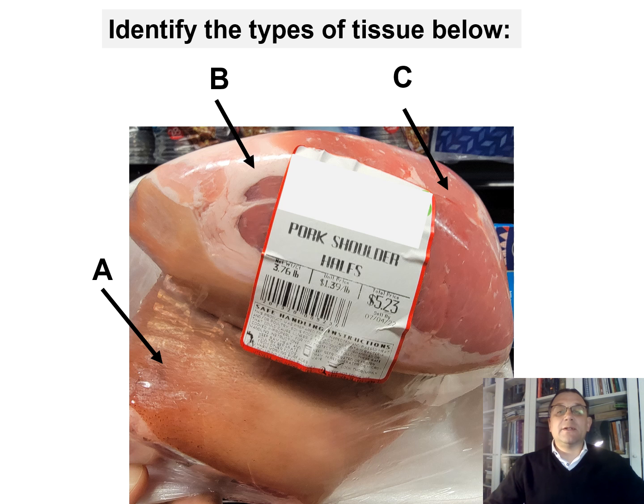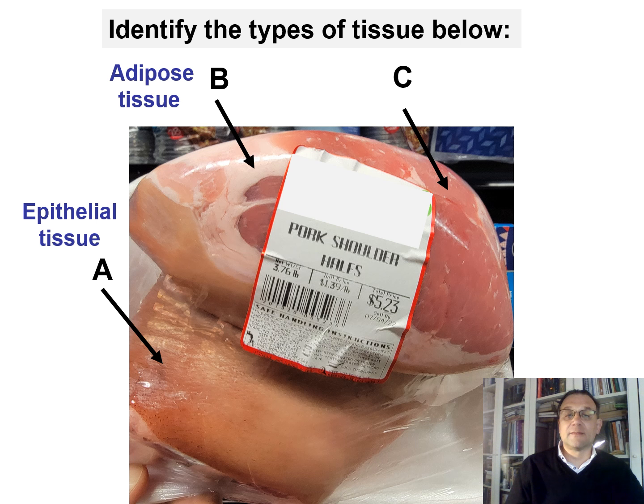And now try to identify types of primary tissue on this slide. What is A? What is B? And what is C? A is epithelial tissue. And B is connective tissue. What type of connective tissue?